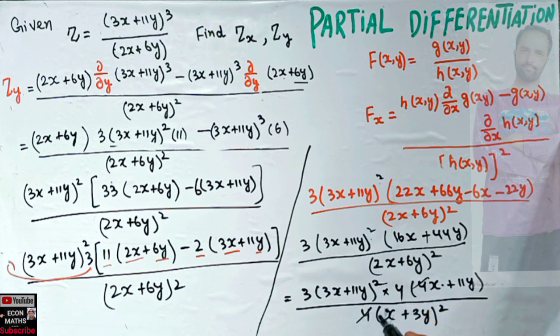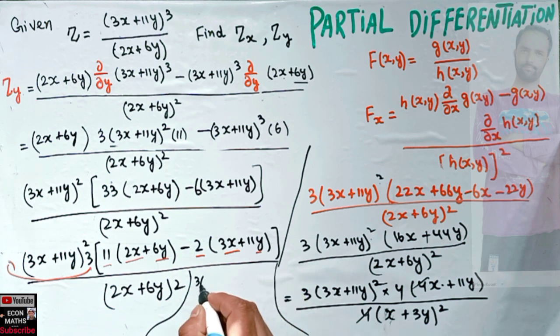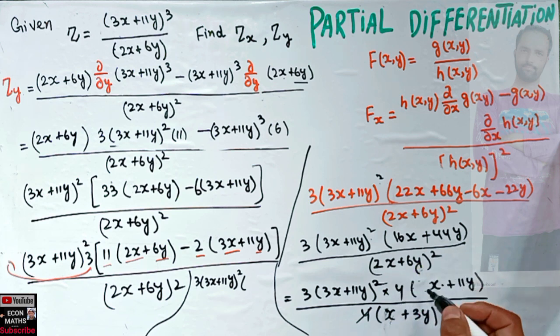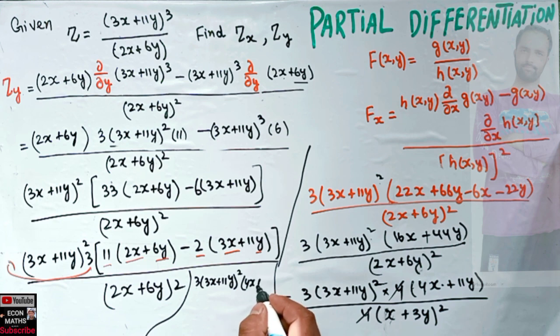This 4 and 4 get cancelled, so we are left with 3(3x + 11y) square into (4x + 11y) upon (x + 3y) square.